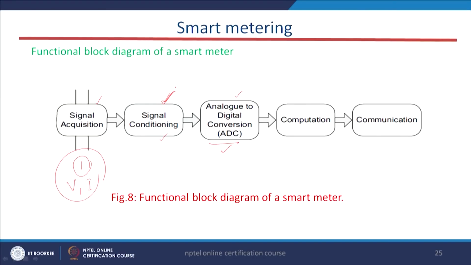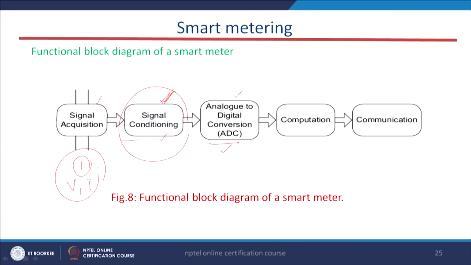We may have low pass filters, anti-aliasing filters, which will remove the high frequency components and other undesired frequency components. And for that we have to maintain the Nyquist criteria, which tells us that the sampling frequency of the signal should be 2 times the highest frequency content of the signal.